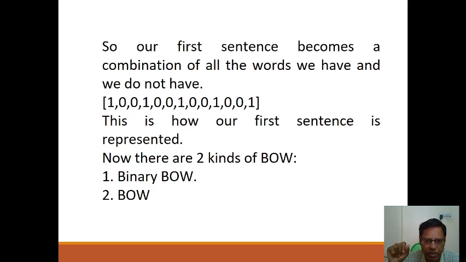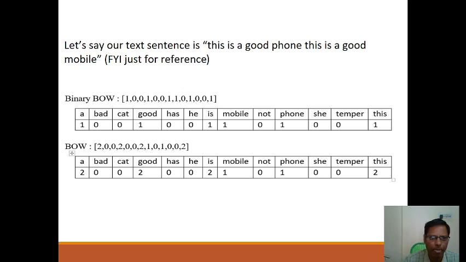Now there are two kinds of bag of words: binary bag of words and bag of words. Let's say our text is "this is a good phone, this is a good mobile". Binary bag of words gives the binary numbers like 100, 100. In the bag of words, the second one, it is 200, that is, what is 2 here?